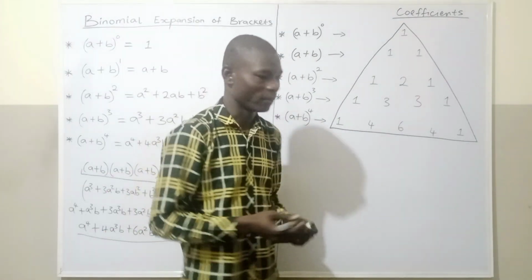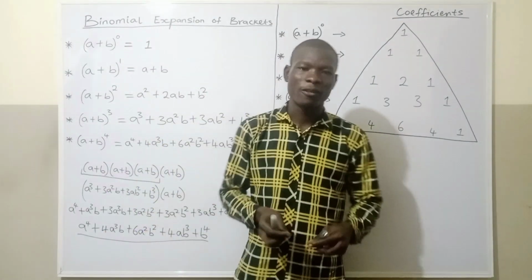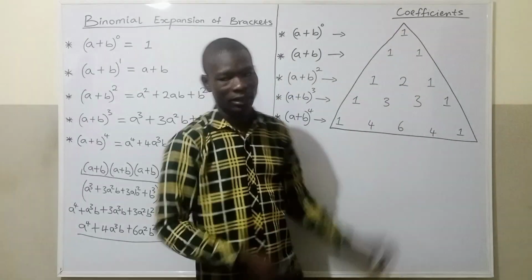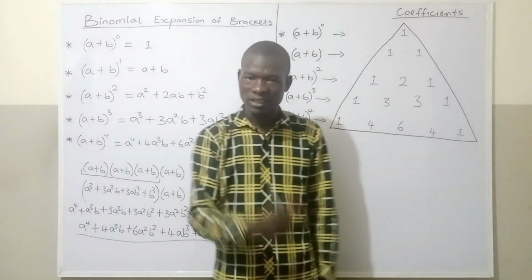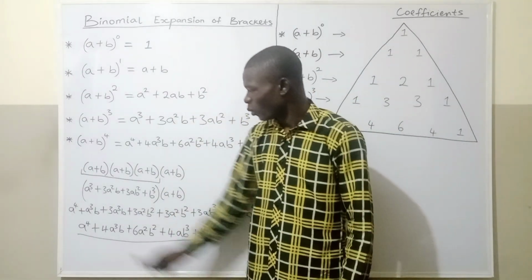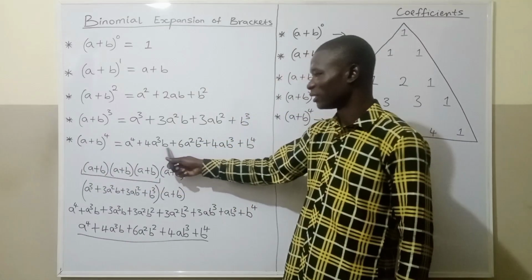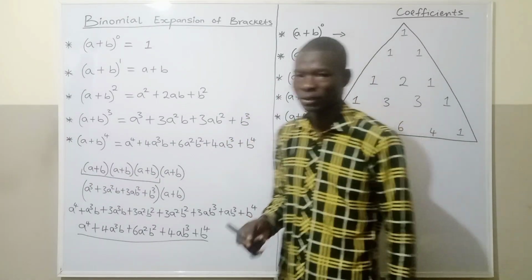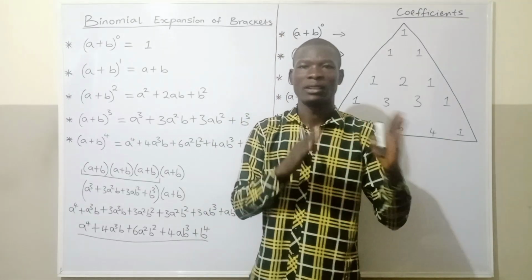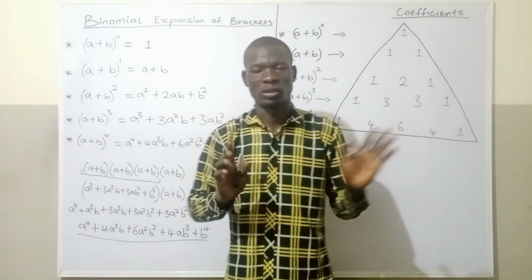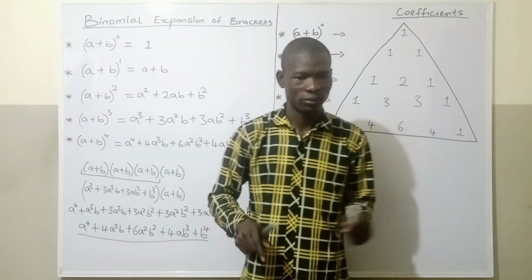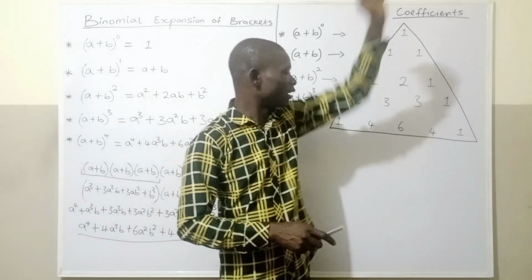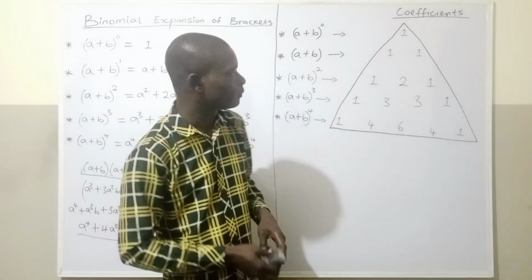If you want to get these coefficients up to the 10th power, will you have to multiply these numbers by themselves in 10 different places? Of course not. You don't need to do that. There is a very simple trick with which we get them, and that simple trick is what we'll be seeing now.